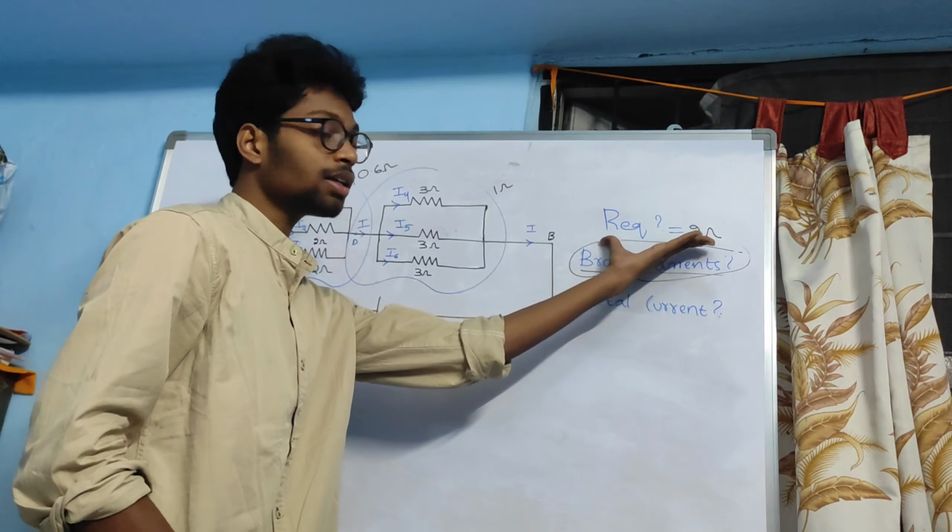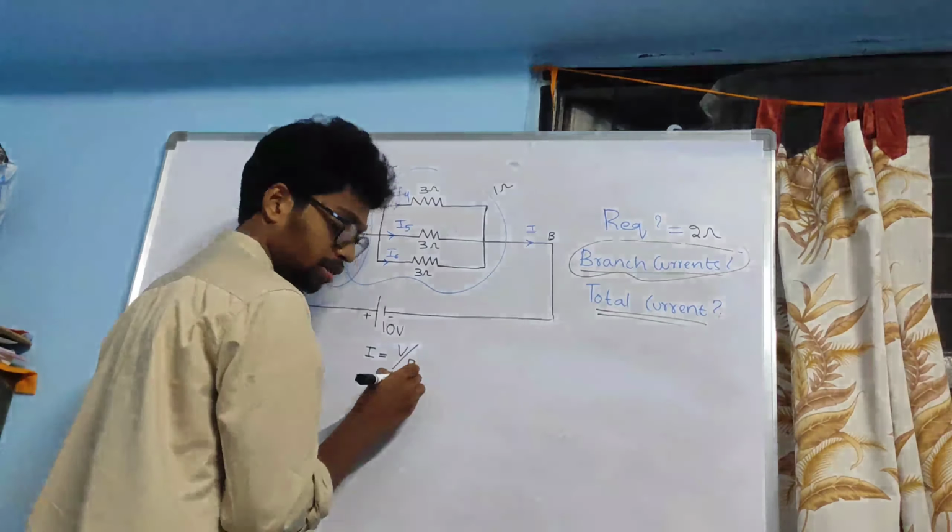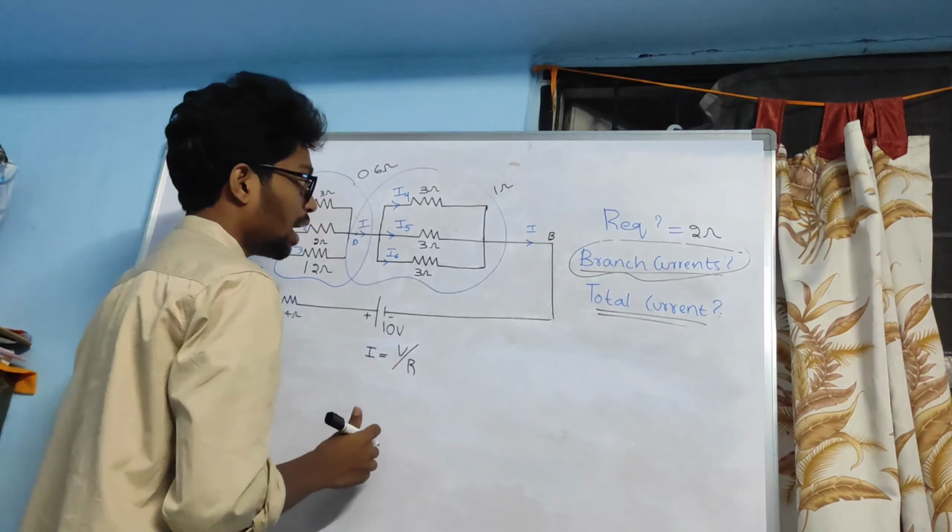If we have to find the branch currents, then we have to find the total current first, and then go by the current division rule. So I have to find the total current before the branch currents. Total current I is equal to V by R. This is a circuit with many combinations, so I have taken R equivalent.